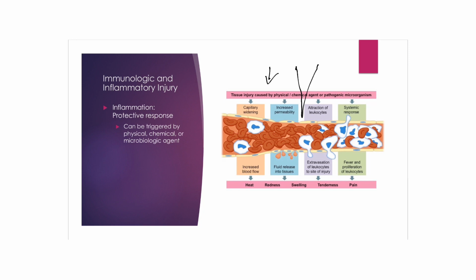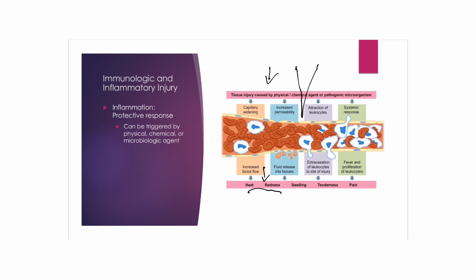What you're going to have first is capillary widening, which makes that blood vessel nice and leaky. It's trying to get some of the stuff inside the blood to that damaged area. You'll get increased blood flow to the area, so you might even have a vasodilation. This can produce heat and redness. When somebody has vasodilation, they become flushed, and blood is where we get heat, so it produces heat to a certain area.